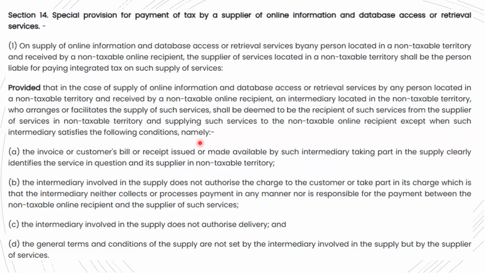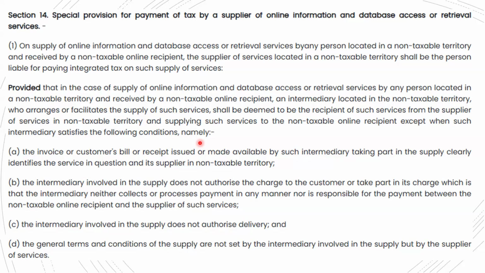That part is clarified only in the section. Again, while determining the POS for the service supplied by the intermediary to the NTOR in India, you have to again go and see the provisions of subsection 1, wherein it says the intermediary will be the supplier of service and will be liable to pay tax. That is my understanding.